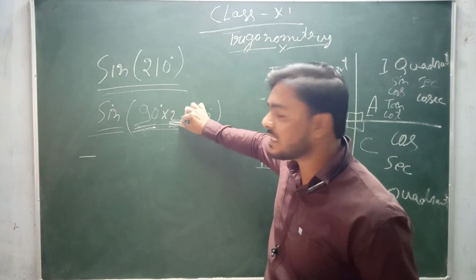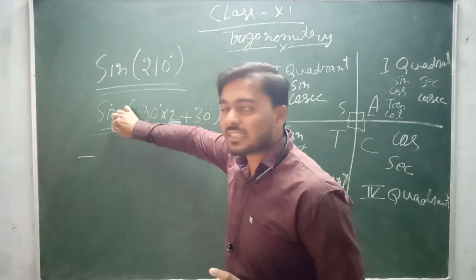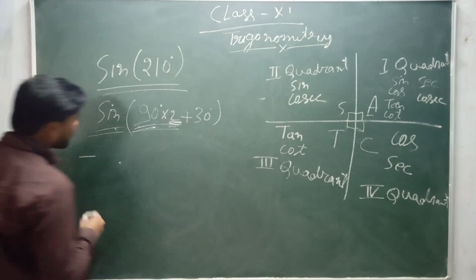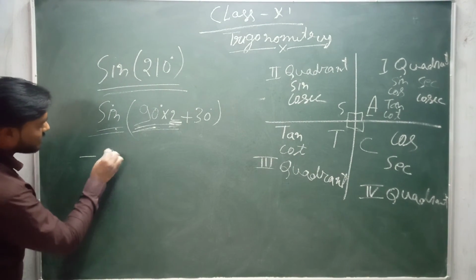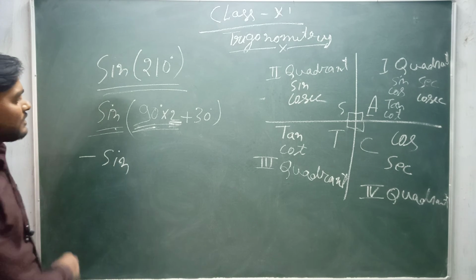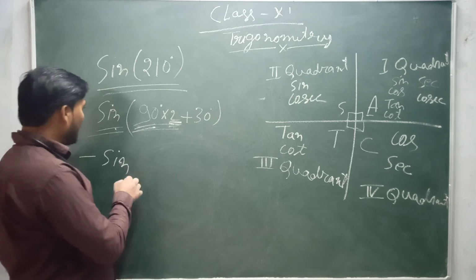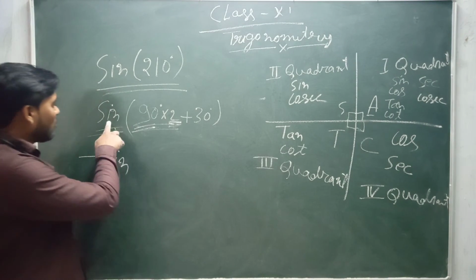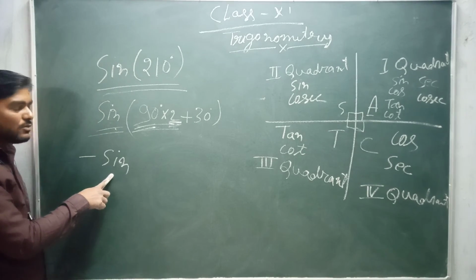If this number is even, then take this trigonometric function directly to here. Even, sine. Okay. Now we have completed it. 2 is an even number, so we write sine directly here.